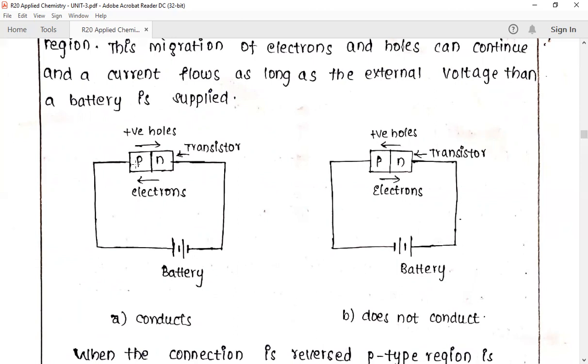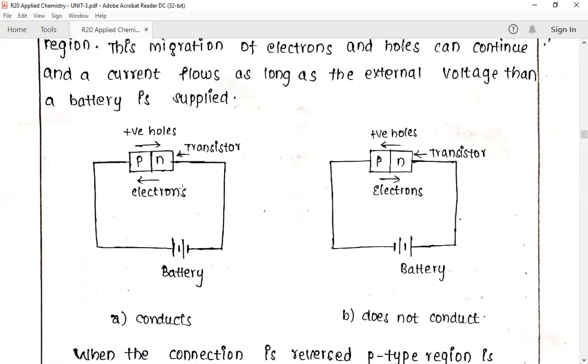holes are attracted. The P type contains the holes and bears the positive charge. This positive charge is attracted towards the negative voltage, and the electrons, which bear the negative charge, are attracted towards the positive voltage. In that way, the holes move towards the negative voltage and the electrons move towards the positive voltage.